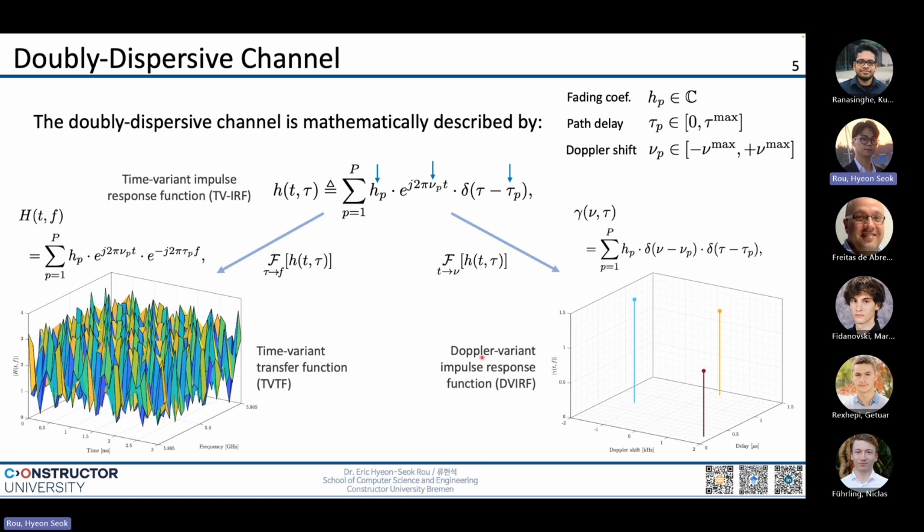And now we have a very nice looking shape of the function called the Doppler variant impulse response function. So one axis is the Doppler shift, the other is the delay. And now we have p number of impulses that directly correspond to each path's delay and Doppler. So this Doppler variant impulse response function is also the foundation of what is called the delay-Doppler waveform, such as the OTFS.